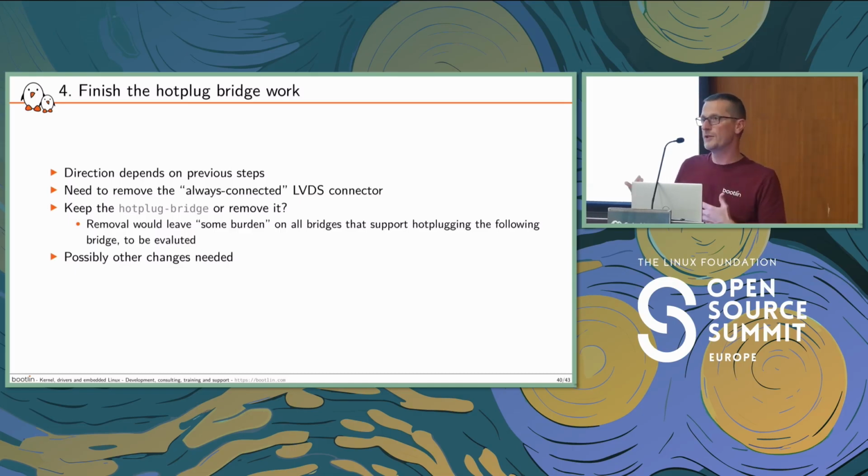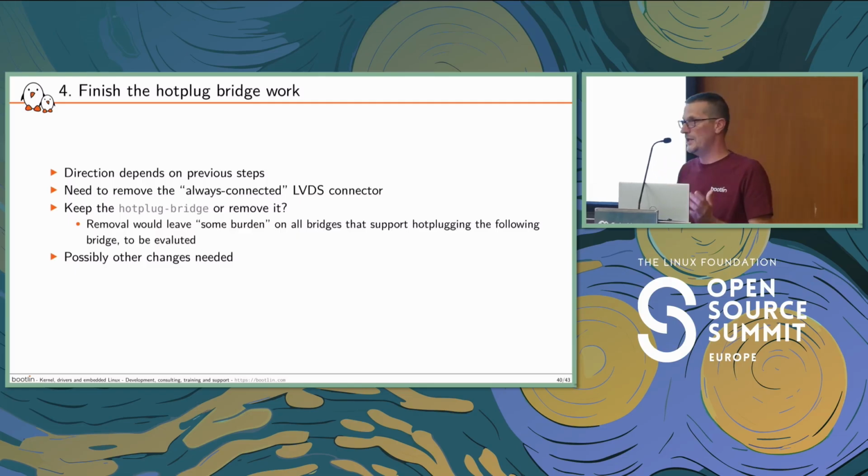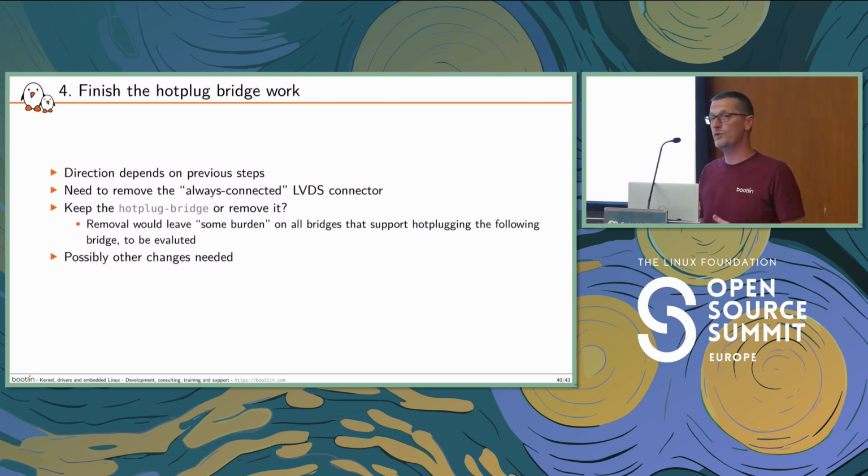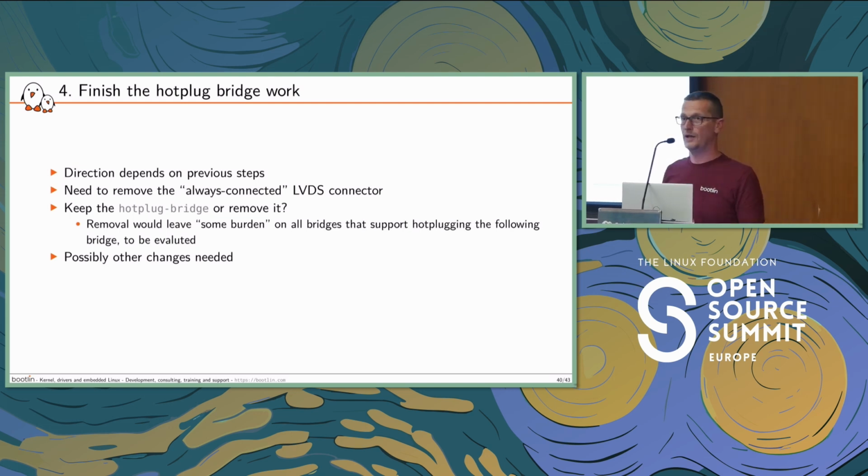However, there could be some burden on the shoulders of the drivers to handle this, which might make the Hotplug bridge still useful. That will have to be seen depending on the outcome of the previous chapter. So it's still, let's say, future work to be addressed.